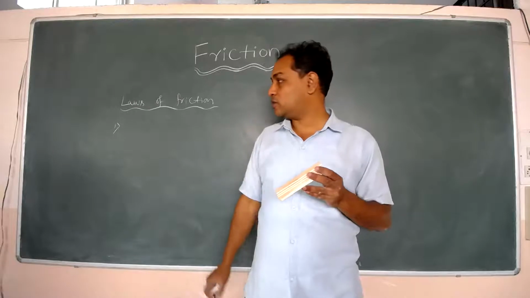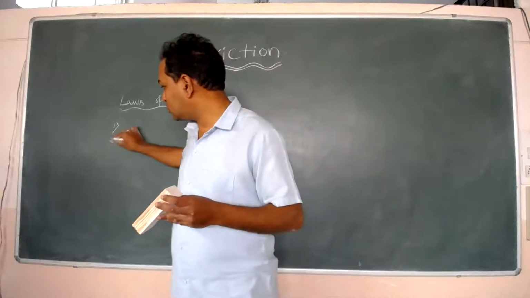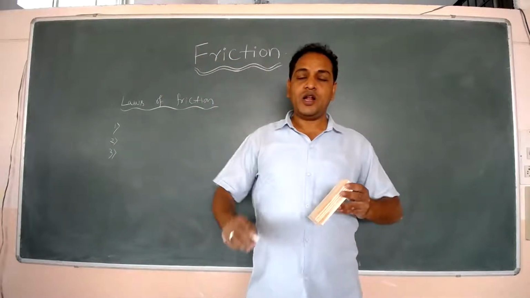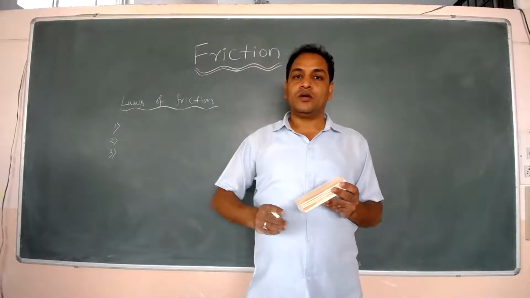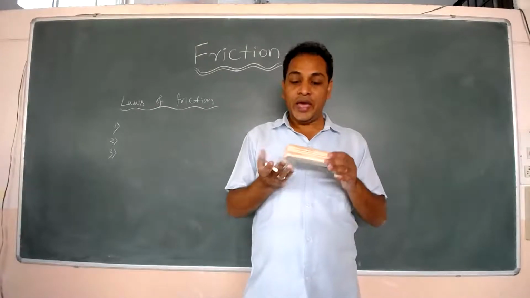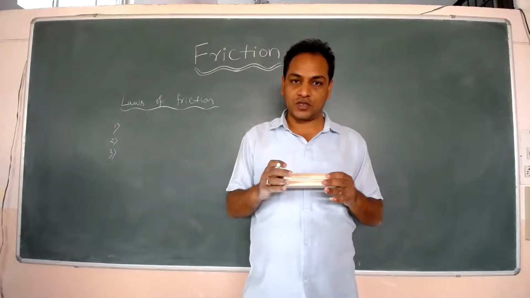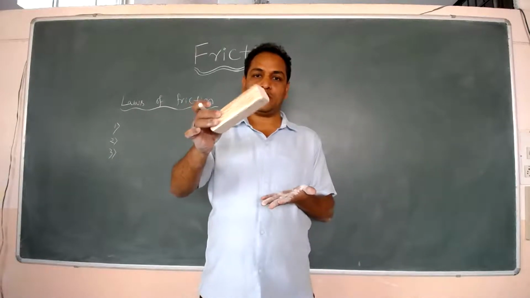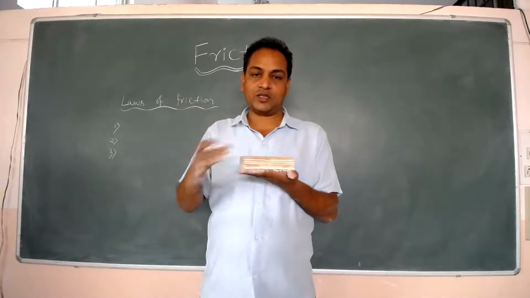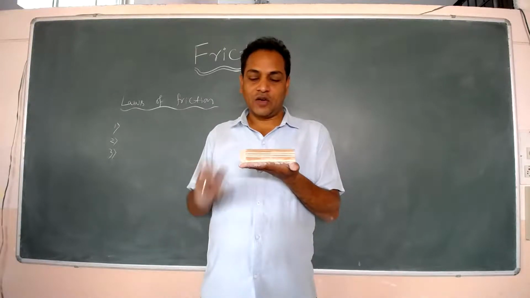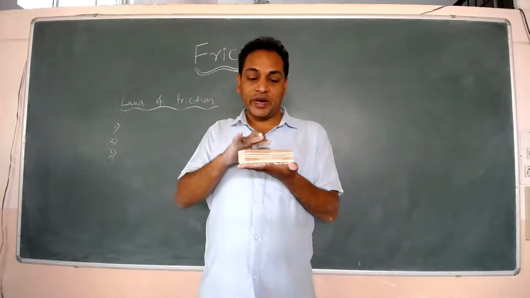Next, the third point: frictional force does not depend upon the area of contact between the two surfaces. Suppose this is the body, I have kept it like this. How much frictional force is there? F is directly proportional to its weight.